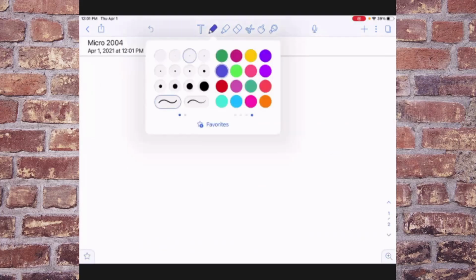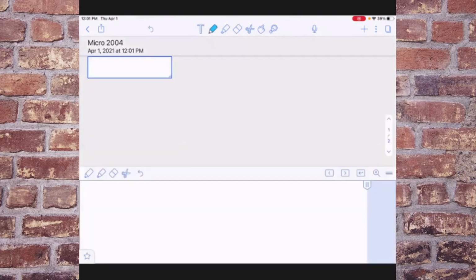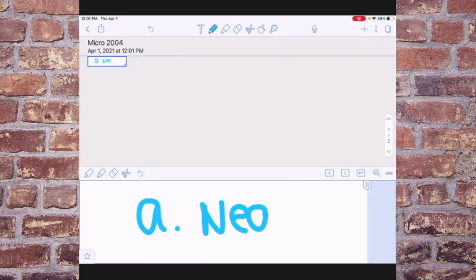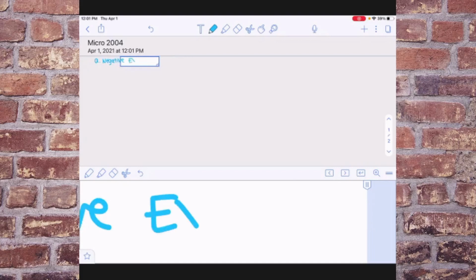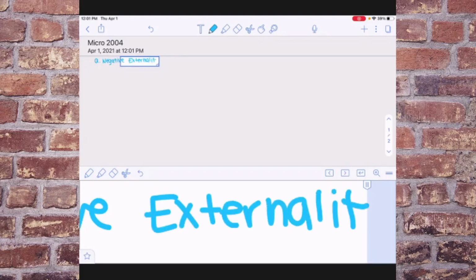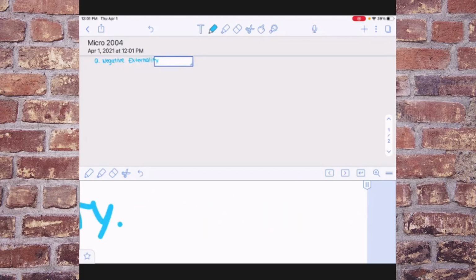So A, we're going to put A, and we're going to write negative externality. Marginal social cost is greater than marginal private cost. MSC greater than MPC.